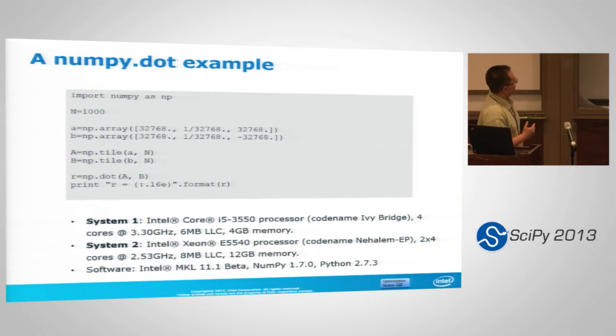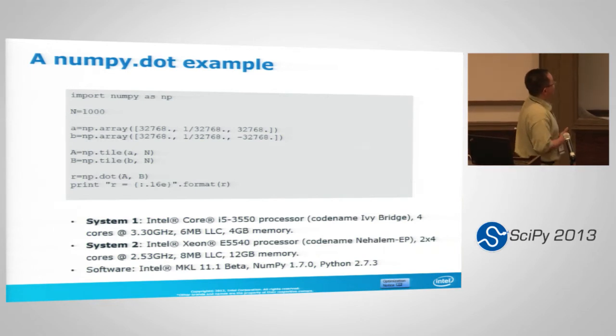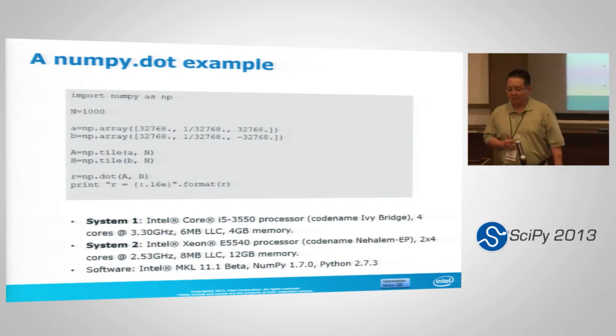But look at those 3 numbers closely. Those are floating point numbers, but they are actually 2 to the power of 15 and 2 to the power of minus 15. And array B is a little bit different, only in the last element.